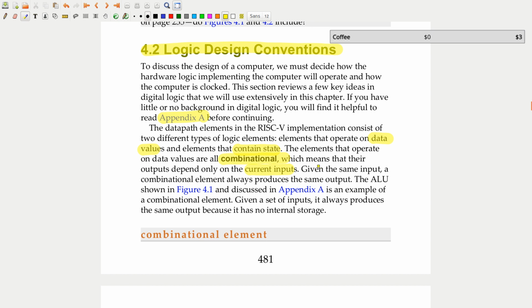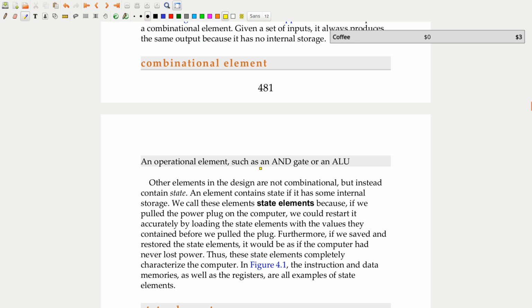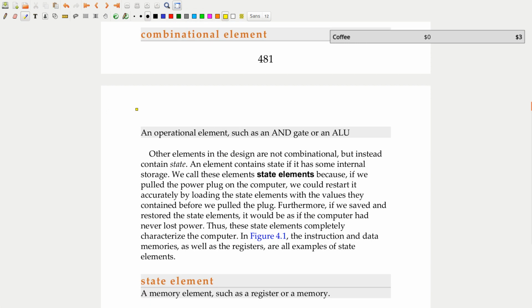Sorry, this is combinational. Sequential ones we generally say depend on not only the current inputs, but the previous inputs or some state prior to this. So we can consider something as simple as an operational element like an AND gate or an ALU. We saw that these can be made by just combining a bunch of gates together. We call these combinational elements.